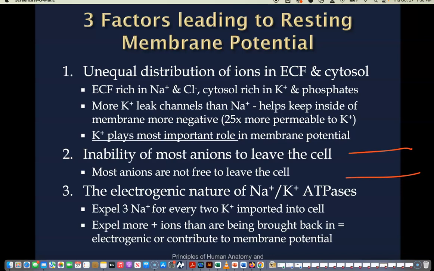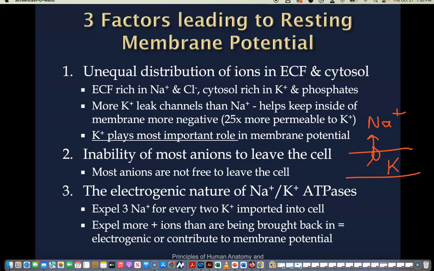We're going to build up, because of these sodium potassium ATP pumps, okay? Remember, these sodium potassium ATP pumps are constantly pumping 3 sodium out, so lots of sodium out, for every 2 potassium into the cell. This is going to create an imbalance of sodium and potassium, okay?